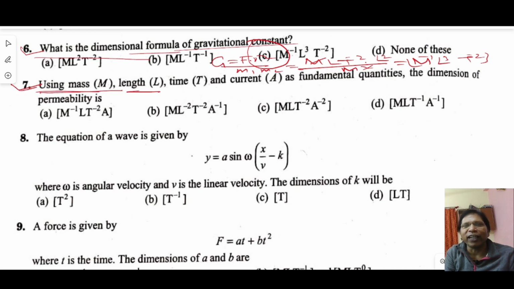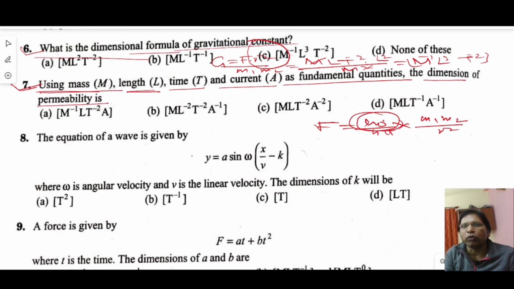Using mass M, length L, time T and current A as the fundamental quantities, the dimension of permeability. Look at this. We know the magnetic force F equals mu naught by 4 pi into m1 m2 divided by r^2. Okay, now we have to calculate the dimension of mu naught.